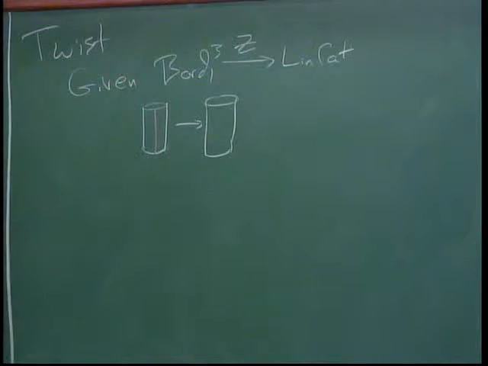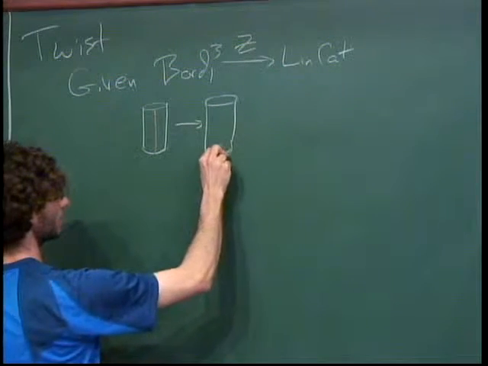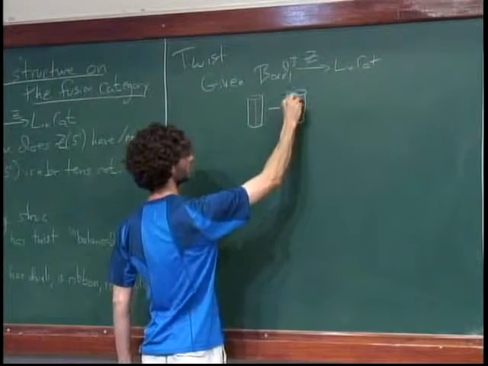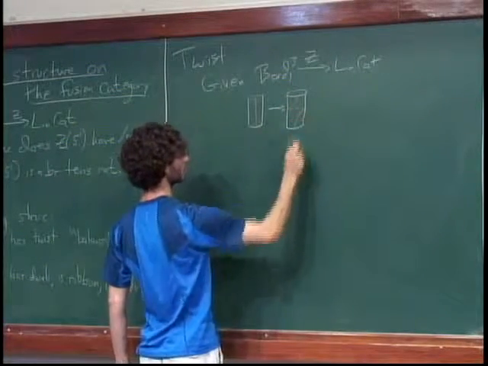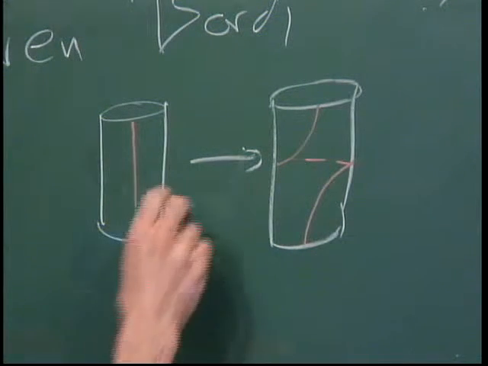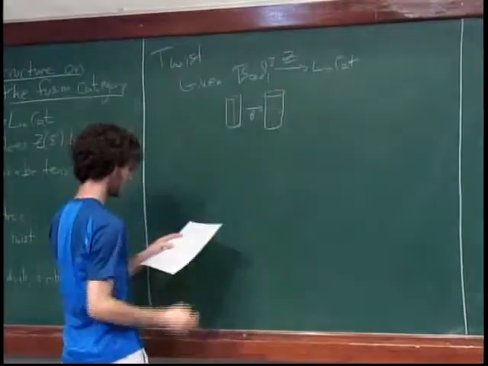I'm drawing this red line on the surface of the cylinder, and I'm going to draw the image of the red line under this diffeomorphism. So it squeaks around the back and then goes back up the front. That's the right-handed Dehn twist. Let me call that theta.